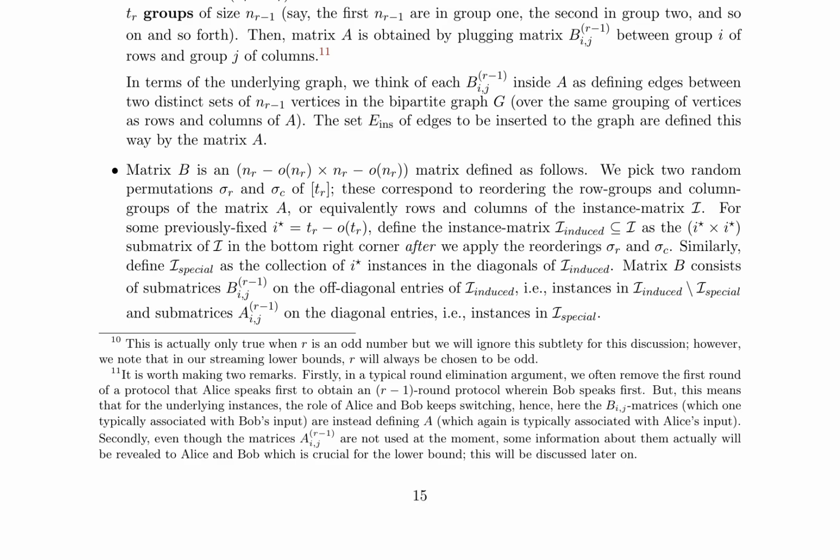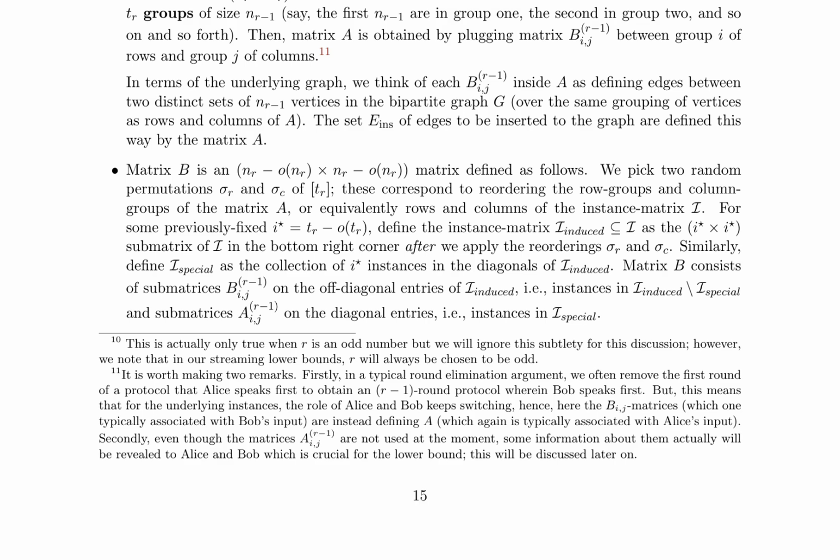The authors note that the role of Alice and Bob switches in the underlying instances, and the matrices B_(I,J), typically associated with Bob's input, define matrix A, which is typically associated with Alice's input. Furthermore, the authors highlight that some information about the matrices A_(R-1,I,J) will be revealed to Alice and Bob, which is essential for the lower bound.